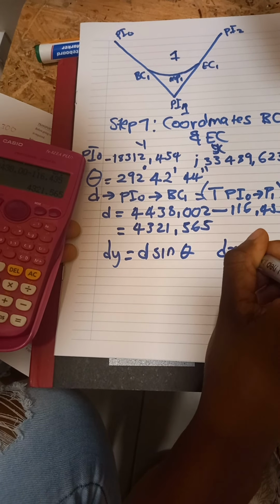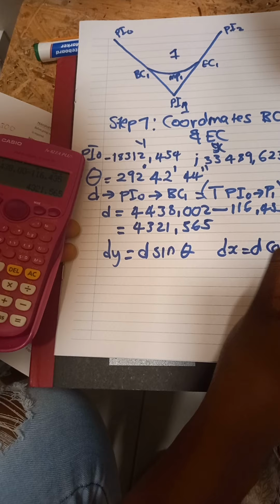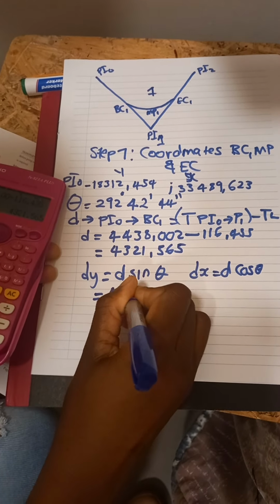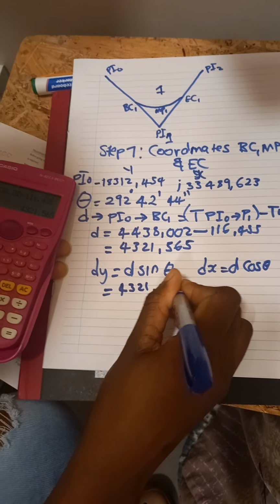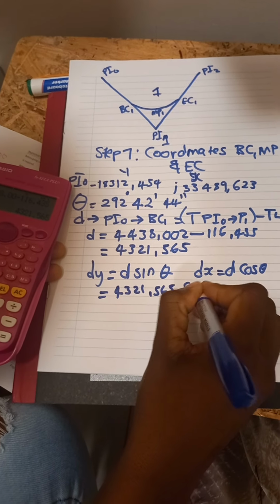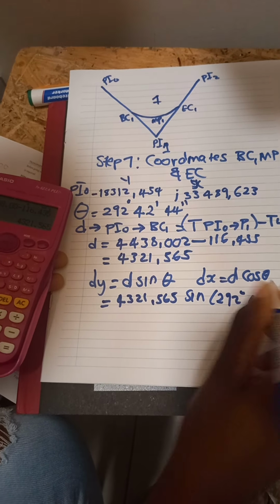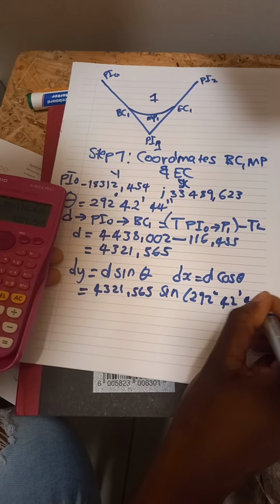dx is given by the distance times cos of the bearing. We know the distance, the one that we just calculated, 4321.565, times sine of the bearing, which is 292.4244.